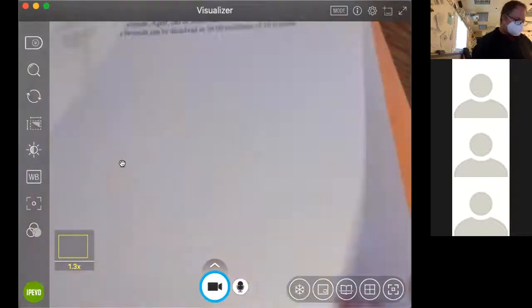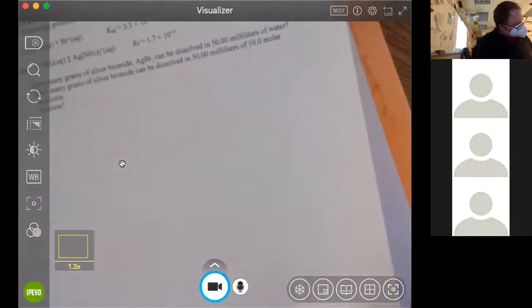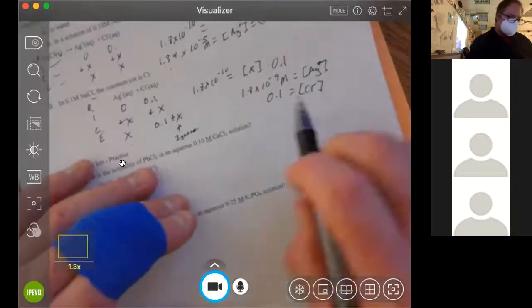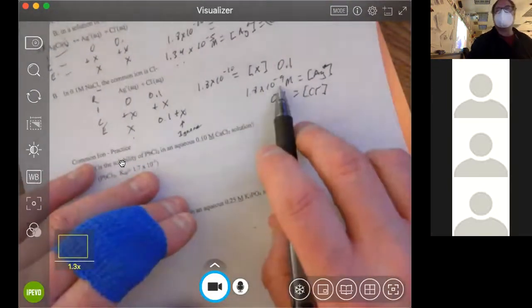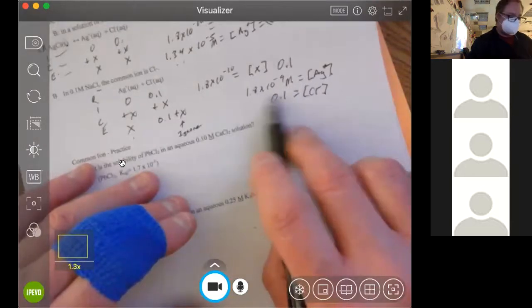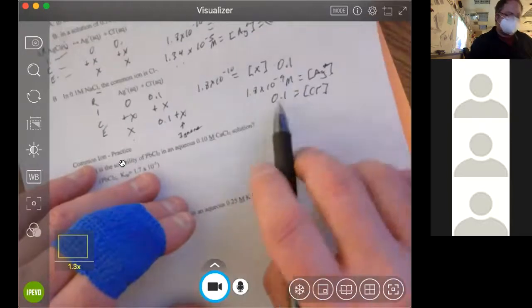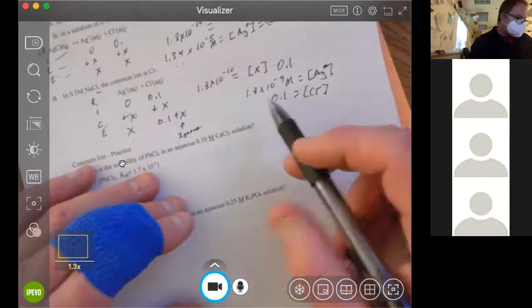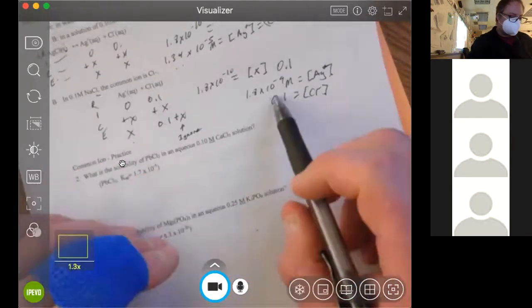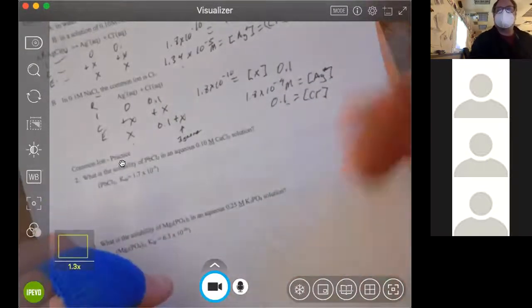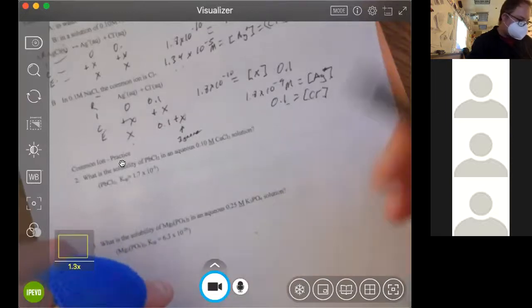I think there's another name that they use for it, the 100 times rule. Same thing, we are so far away from this, 100 times this isn't even close to this. So there's nothing that this can do to affect this number. I know that this only has one significant digit, but even if we had another whatever, it's not going to matter that much.